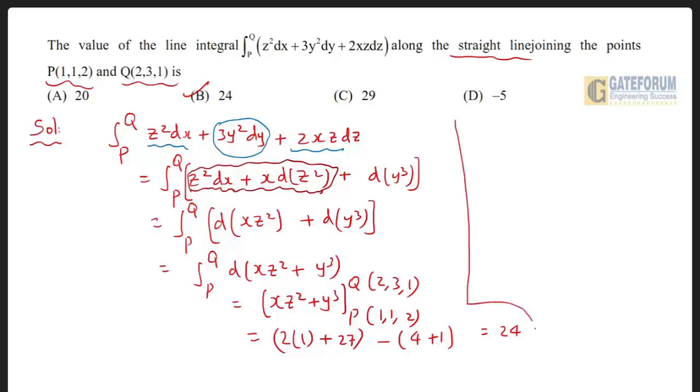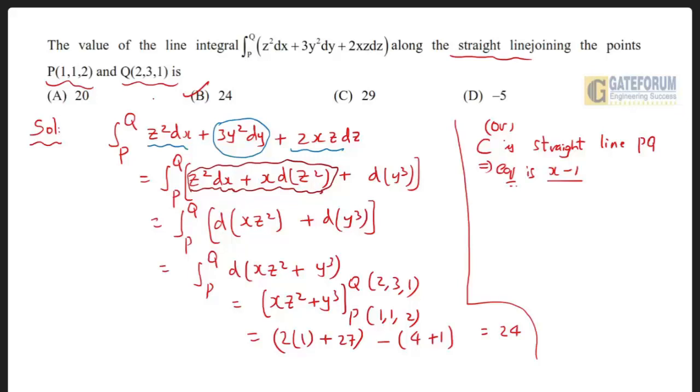Alternative method I am telling you, you can try later. C is a straight line, C means curve. PQ implies the equation is (x minus x1) by (x2 minus x1) equals (y minus y1) by (y2 minus y1) equals (z minus z1) by (z2 minus z1).